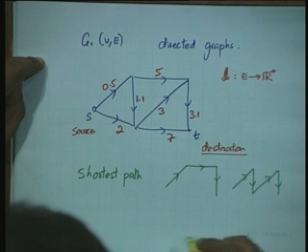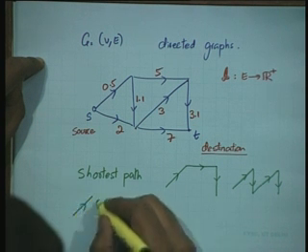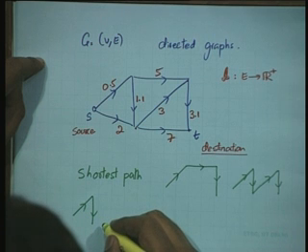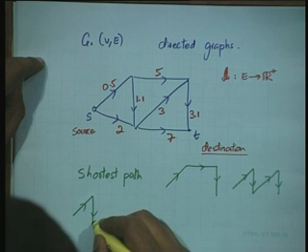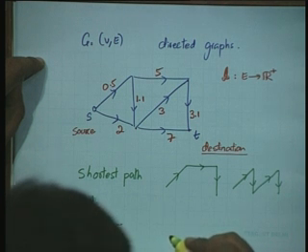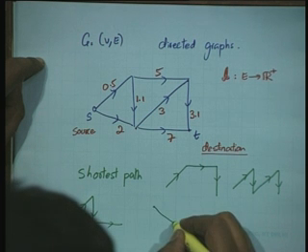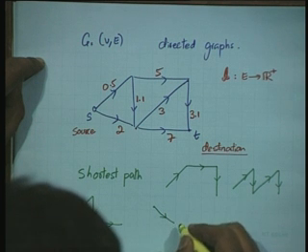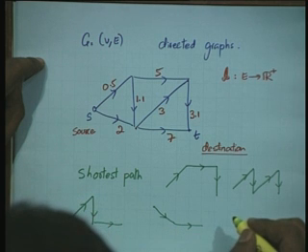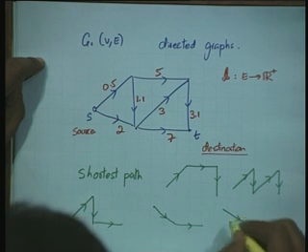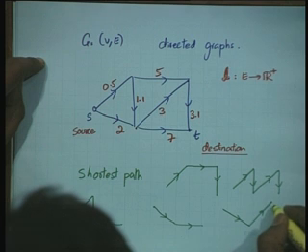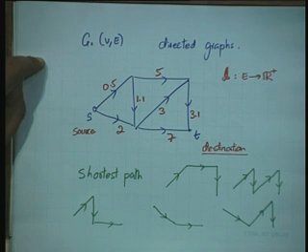This is the second option. The third option is that I go like this, come down, I go straight. This is third option. Fourth option is that I go 2 and then 7, and then one other option is this, this and this.